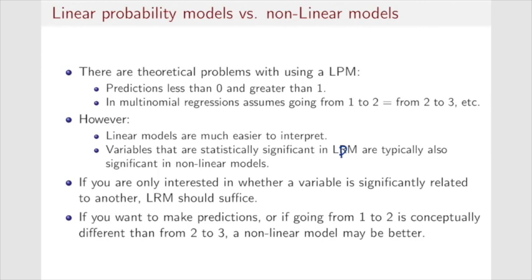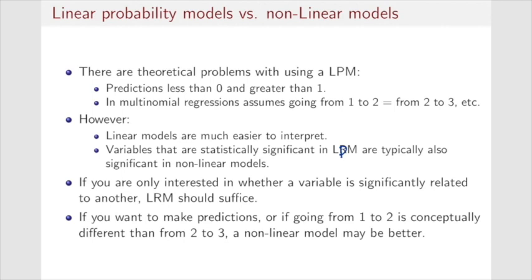The variables that are statistically significant in the linear probability model are typically also significant in nonlinear models. The probit and logit models are harder to interpret, but capture the nonlinearity better than the linear approach. Both models produce predictions of probabilities that lie inside the interval of 0 and 1.